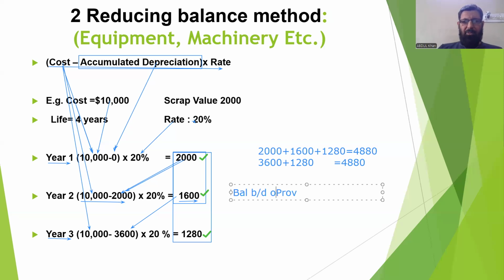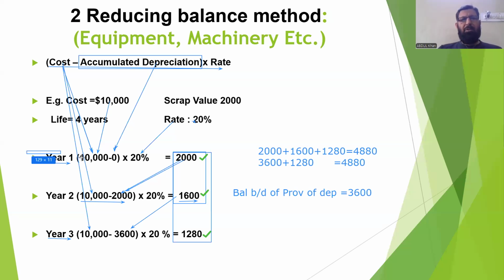That account we will discuss later on. But suppose the balance brought down of provision for depreciation is given, let's say, 3,600.